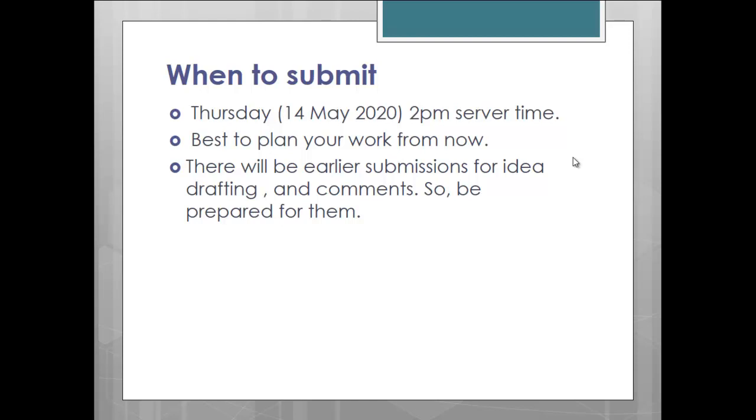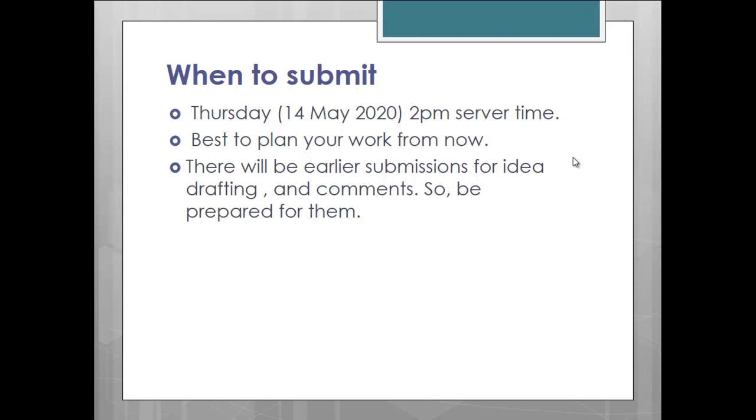Because I want you to get the highest marks possible, my approach is that at certain points in time, I will ask you to submit a draft. For example, the first one would be your team members. The second one would be, what is your idea? Then we'll talk about the idea. Maybe we can enhance it.